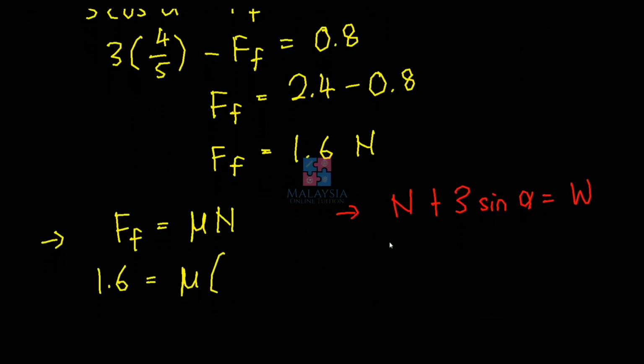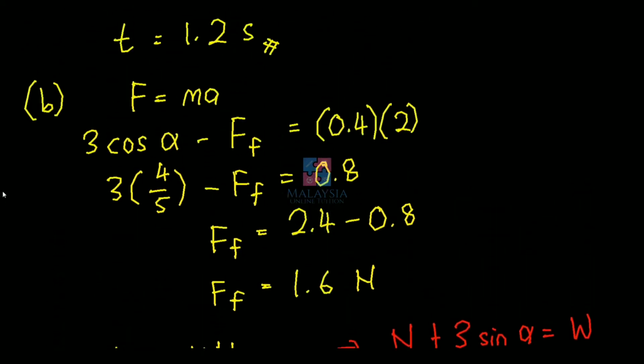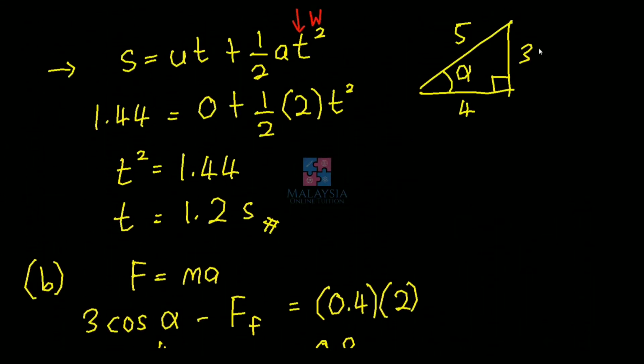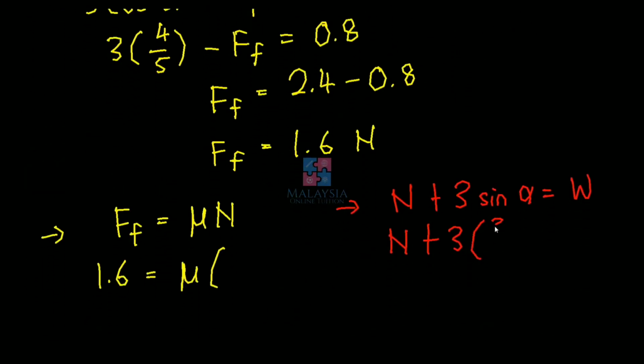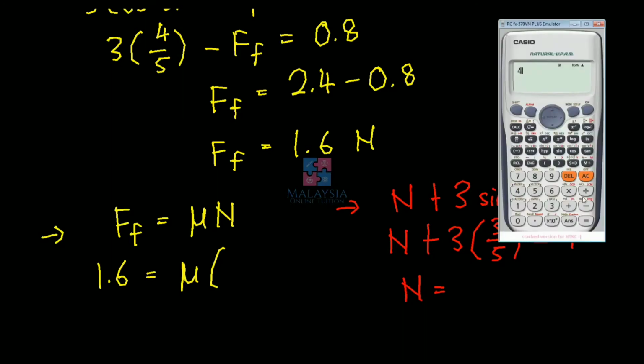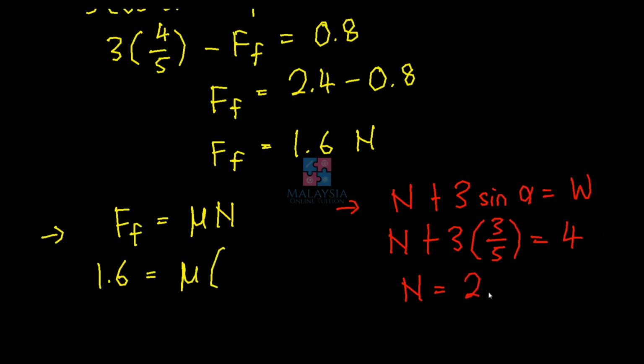According to this triangle just now, our sine alpha will be 3 over 5. So 3 times 3 over 5 equals 0.4 times 10, that will be 4. Finally, your normal force will be equal to 4 minus 9 over 5, and that will be 2.2 Newton.